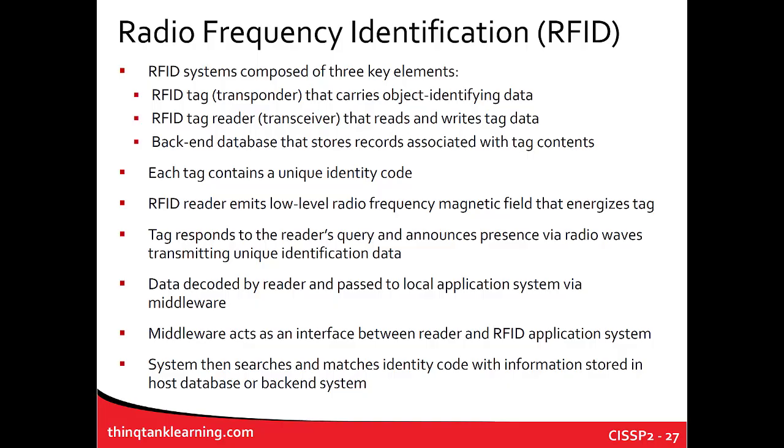The reader reads that information, decodes that signal, passes it to a local application through some sort of middleware application. That middleware acts as like a bridge between the reader and the actual RFID system. And then the last step, we match the tag ID with the records that are stored in the backend database, and we're able to provide access control.